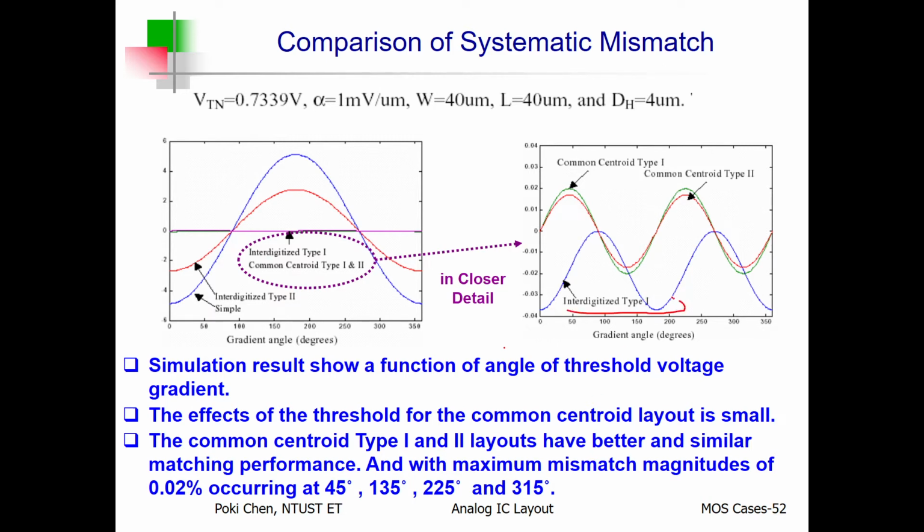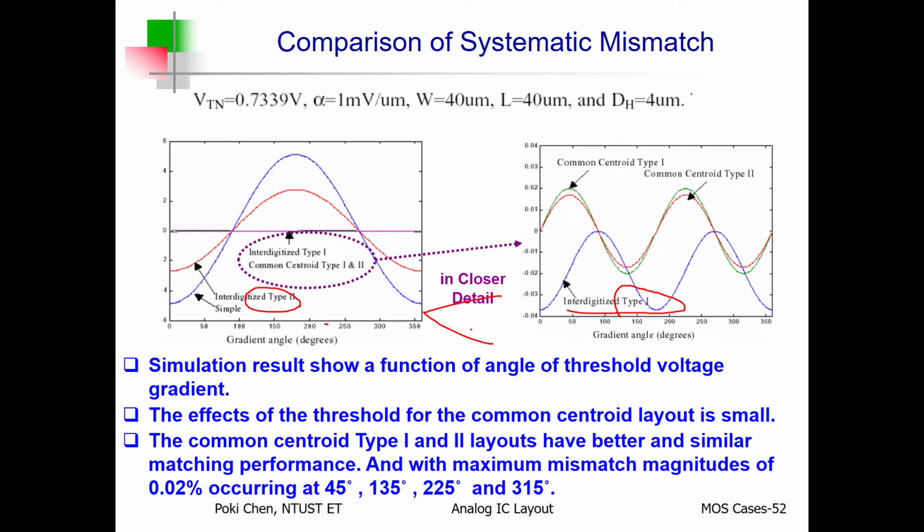For interdigitated type 1, it fits the common centroid layout pattern requirement, but the dispersion is worse than type 2. On the contrary, for interdigitated type 2, it has better dispersion but violates the common centroid layout requirement. So what is the consequence? You can see the performance for type 1 is much better, two orders better than type 2.